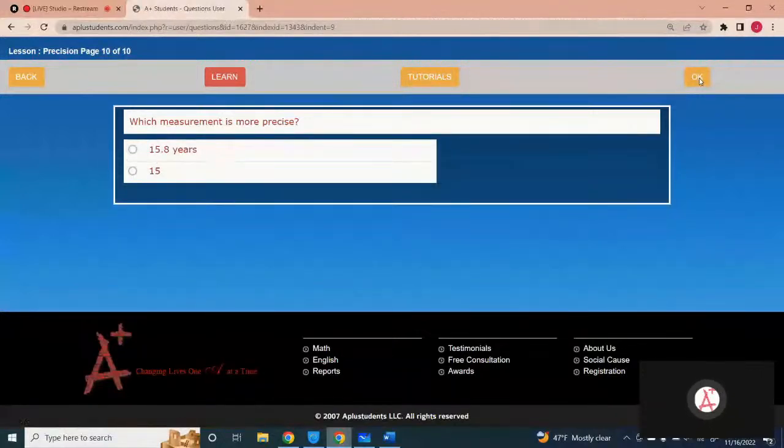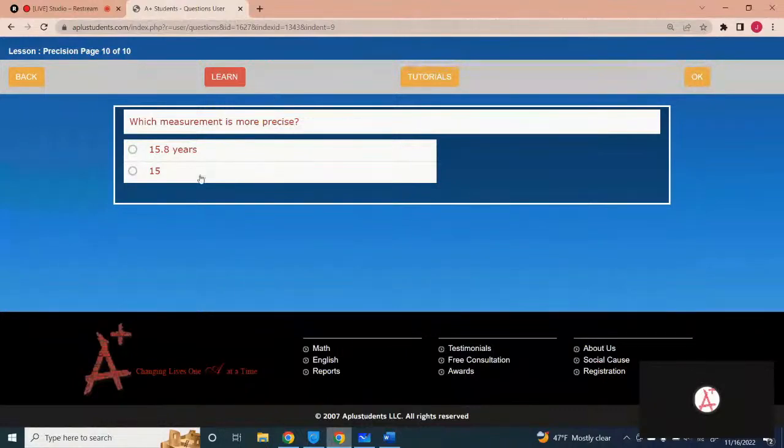Okay, then the last one is which measurement is more precise? 15.8 years or 15? Yes, it is 15.8 years.